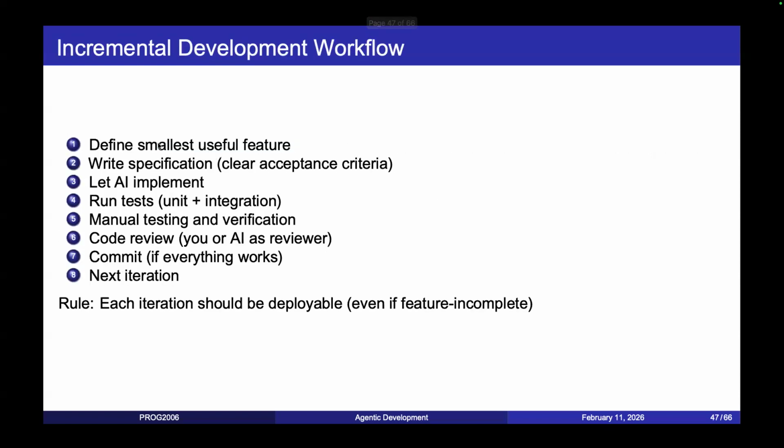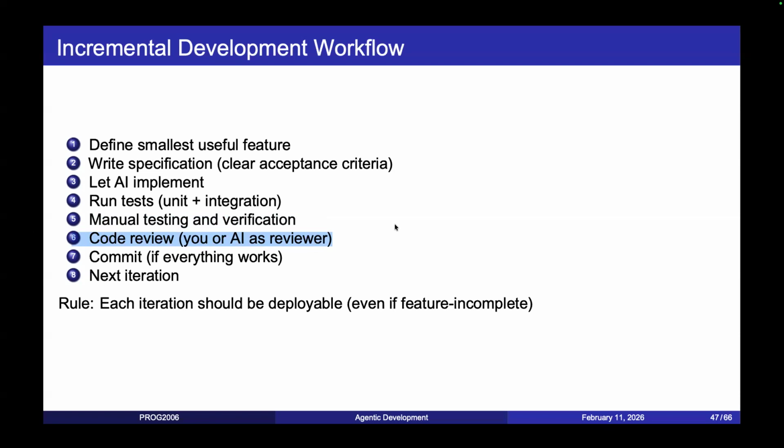All right, so it's always good to start with the minimum viable product, with the minimum use case, and then write specifications, let AI implement it, run the tests and integration tests, manually test everything and verify things, and then do code reviews and process reviews.